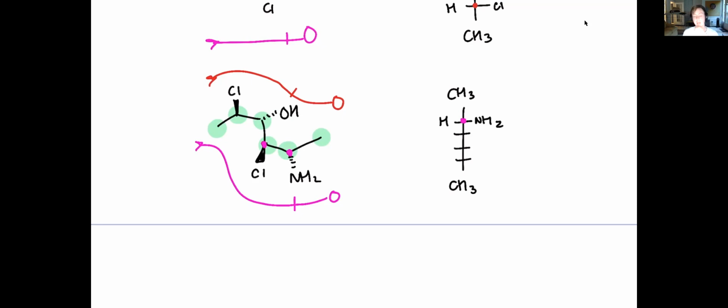And so we're going to take that pink person's point of view. And so what was on a wedge will be on our left. And then now we want to switch the point of view that we take. And so we see an OH on our left and a chlorine on our right.